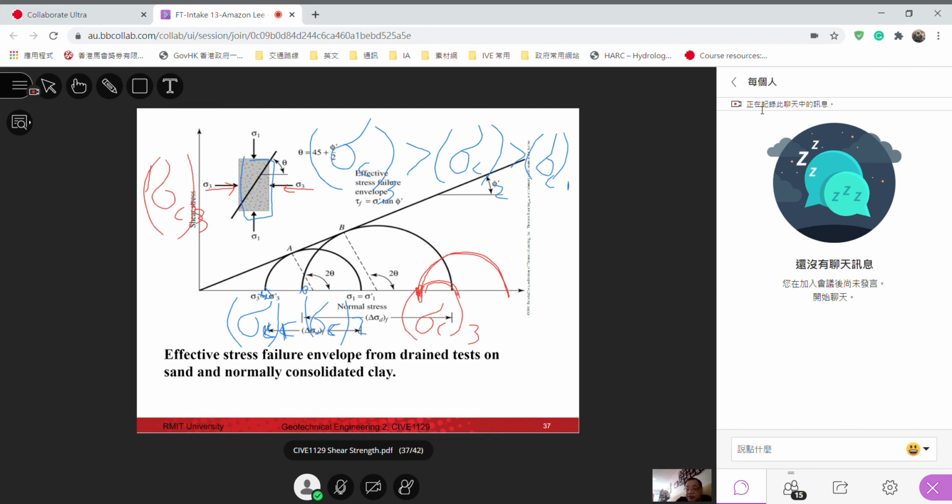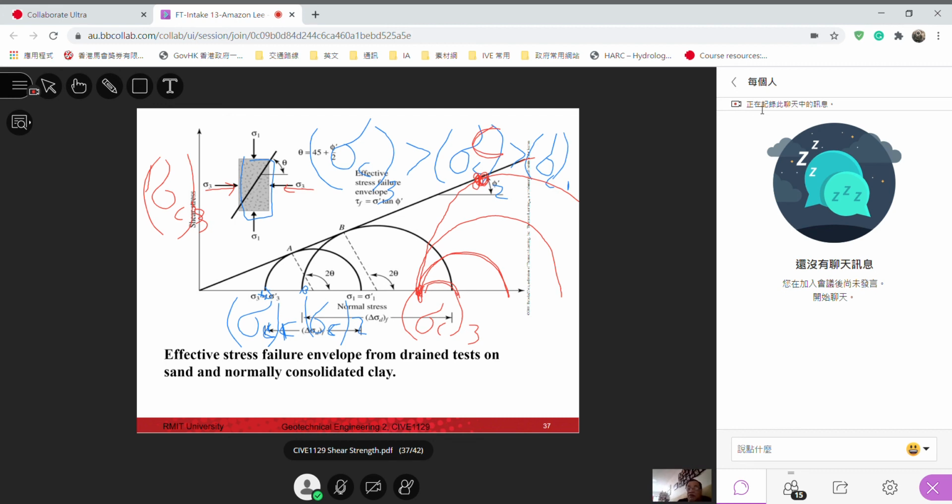Then we continue increasing sigma 1, so the Mohr circle expands to here. Still safe, still below the failure criteria. Then we continue increasing sigma 1 until the Mohr circle is just tangential to the Mohr-Coulomb failure criteria. Then the new failure point is here.